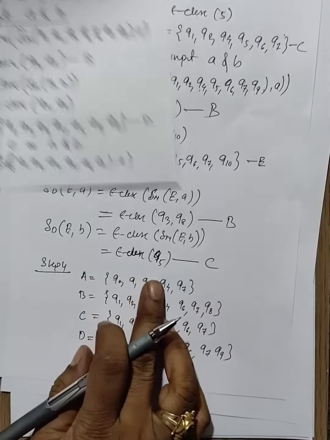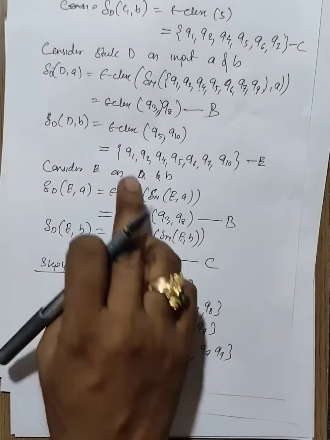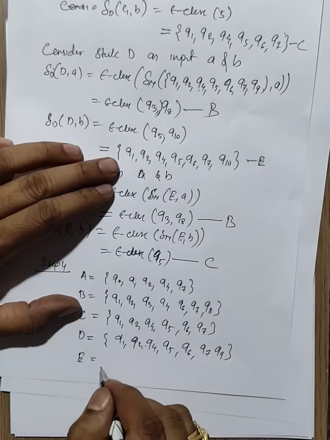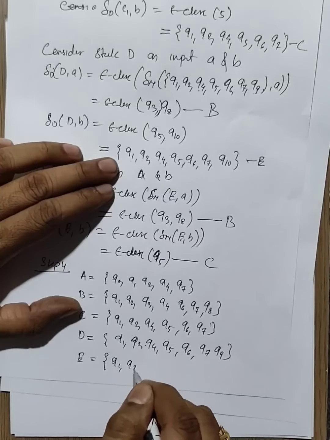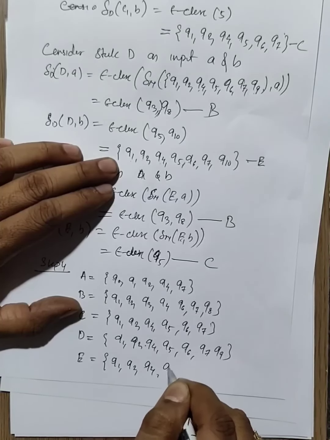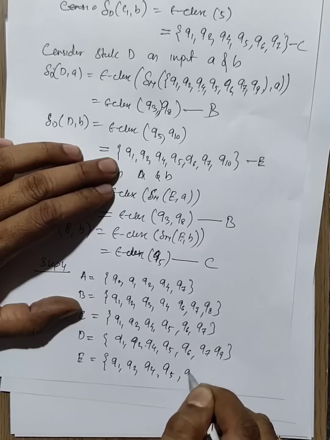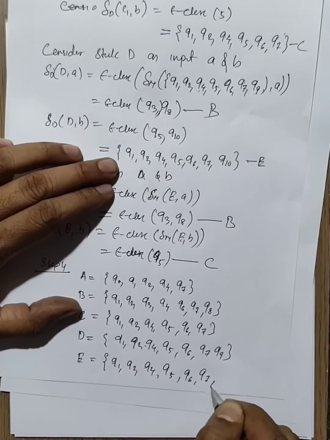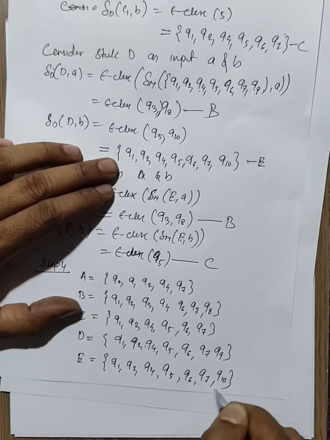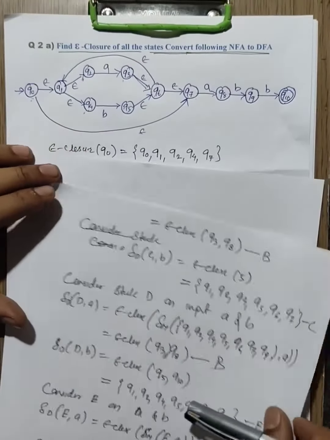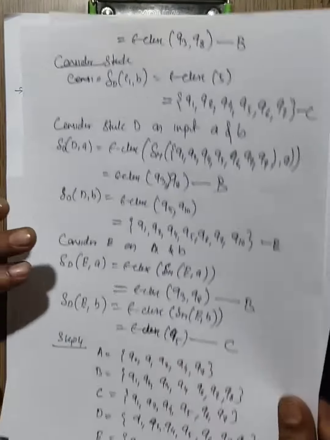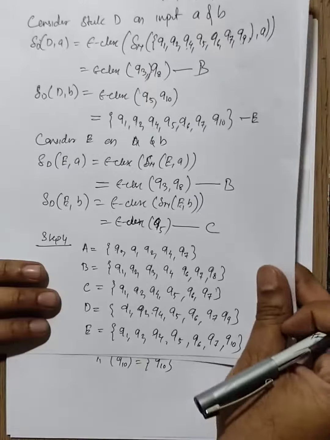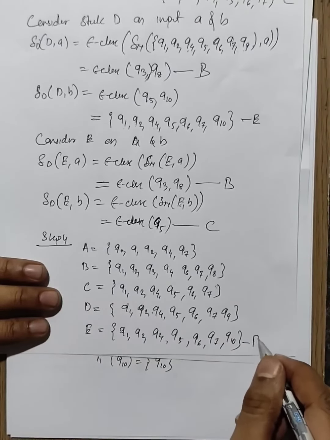E. Where is E? E is this one: Q1, Q2, Q4, Q5, Q6, Q7, Q10. And within the given epsilon NFA, Q0 is the initial state only, Q10 is the final state. If Q10 is the final state, it means this E is the final state.